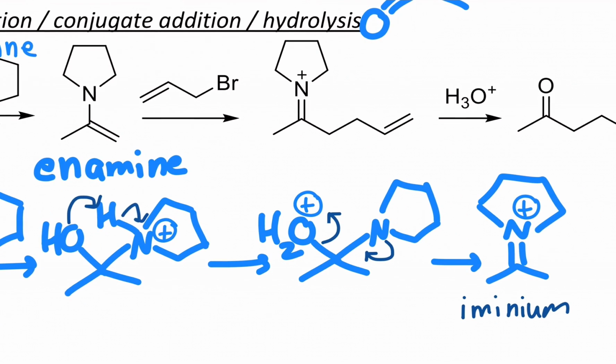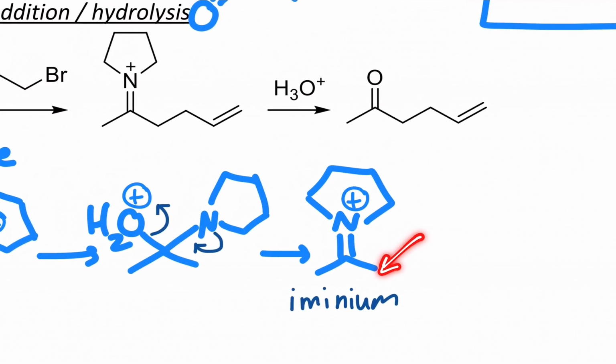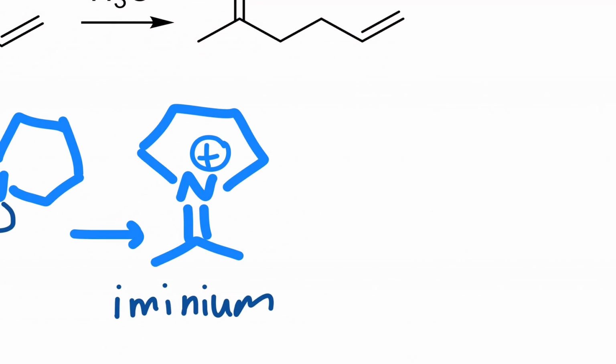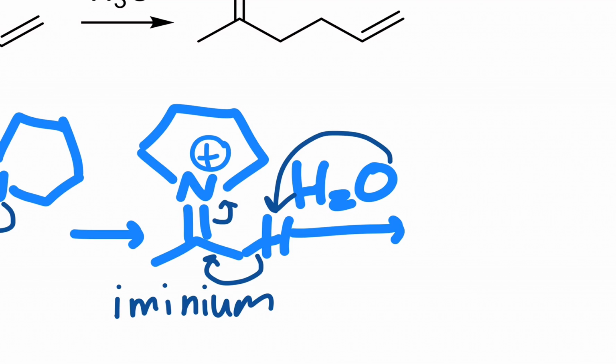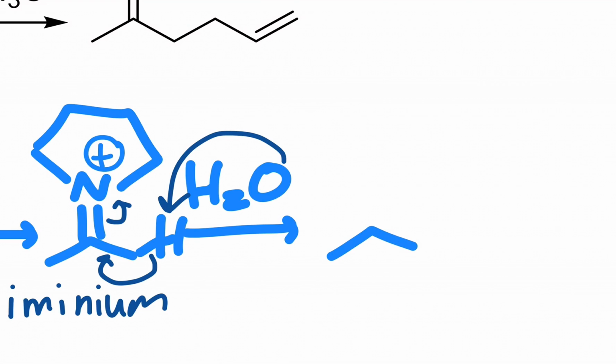Well, look at what we've lost. We've lost one of the H's on that alpha carbon. So that water molecule that just left is actually going to act as a weak base and take away one of those H's. So draw an arrow from the water to the H. The CH bond breaks to give you a CC double bond, and that pi bond goes up to the nitrogen. And there's your enamine.